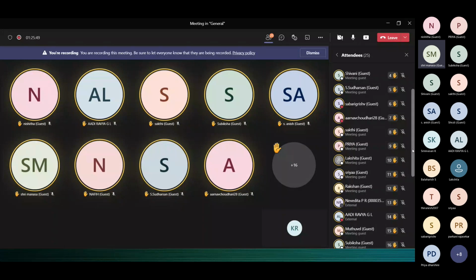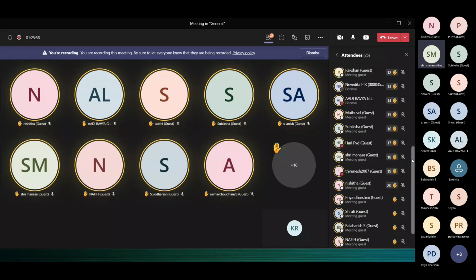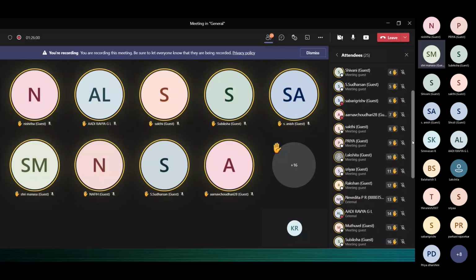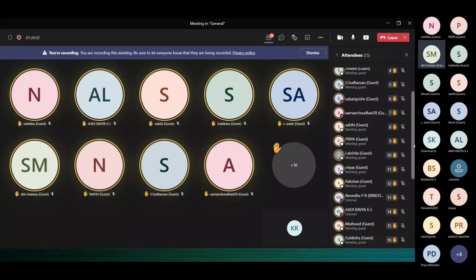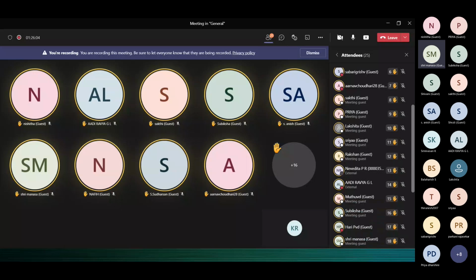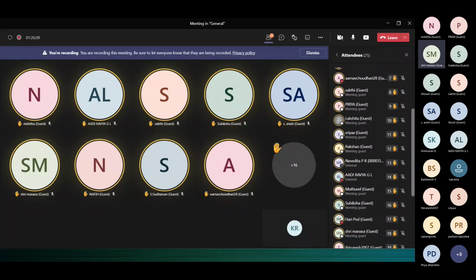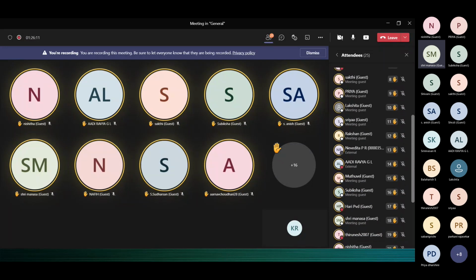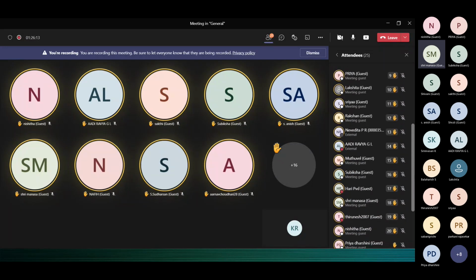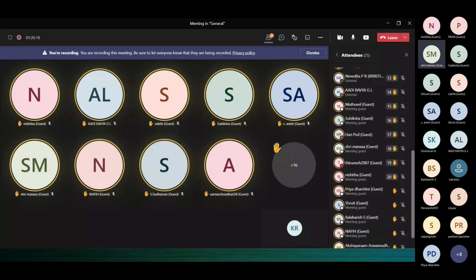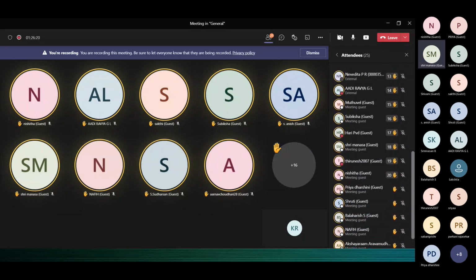Sabari Grish, Arnab, Shakti, Priya, Lakshita, Shriya, Rakshan, Nivedita, I'm just recalling if you all submitted your work. Ravya, Muttuvel, Subiksha, Hariharan, I did not receive your classwork.